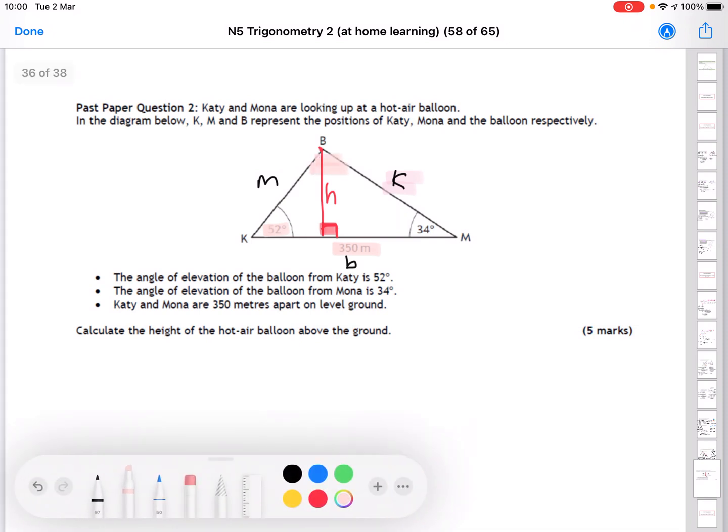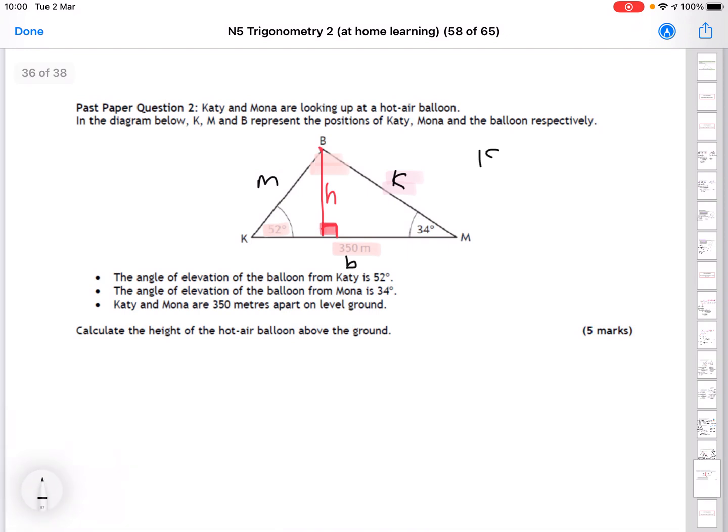And because we know two of the angles in the triangle, we can find that third angle. So the first thing we would need to do is 180 minus the 52 and minus the 34, which gives us an angle of 94 degrees at the top. So up the top, we've got 94. So we do have what we need for sine rule.